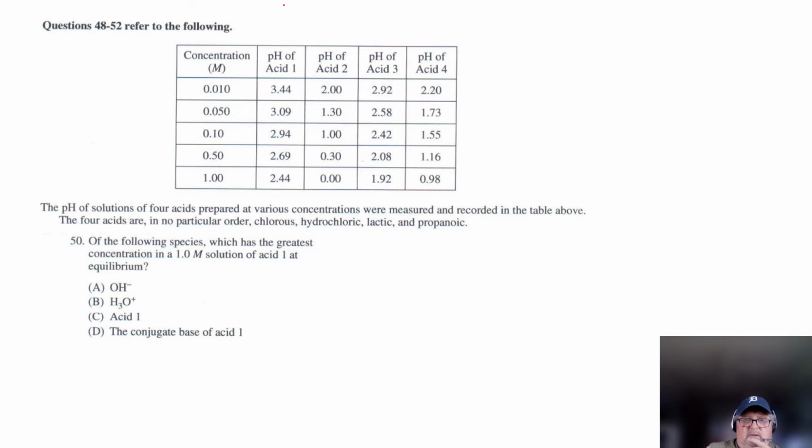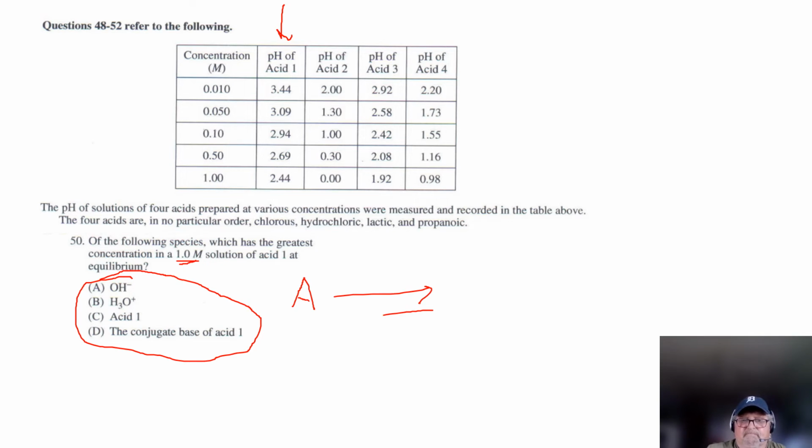Now for the pH of these and so forth. We're going to look at acid number 1, and what we want to know is which one of these is most prevalent at equilibrium, given the initial concentration of our acid. So we start with acid, and it goes to its conjugate base plus H plus.